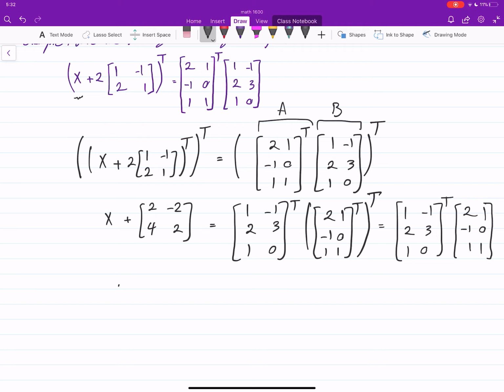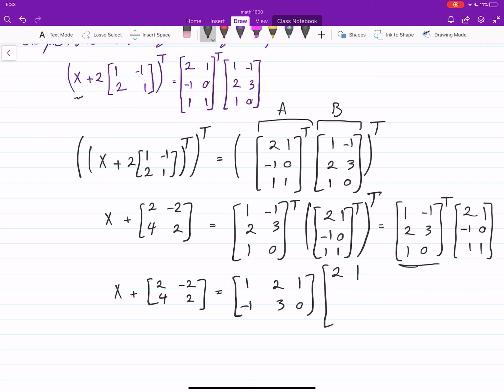Let's find the right-hand side and then apply what we have here. So the transpose of this is 1, 2, 1, negative 1, 3, 0. This is multiplied by 2, 1, negative 1, 0, 1, 1.